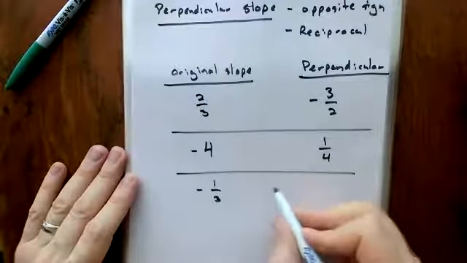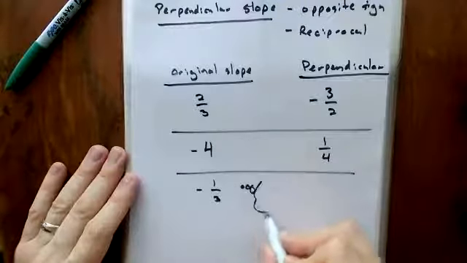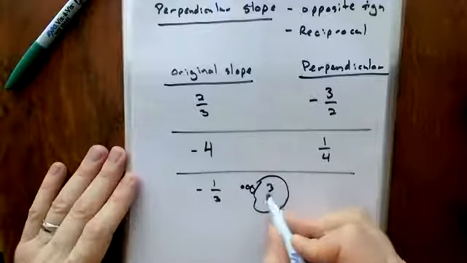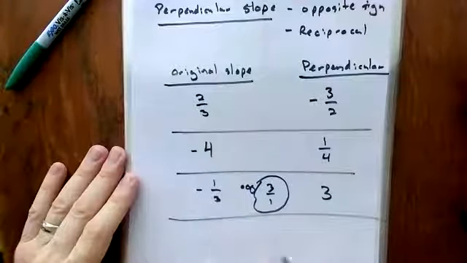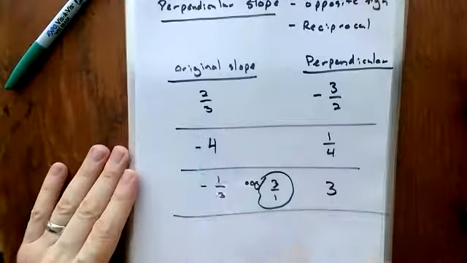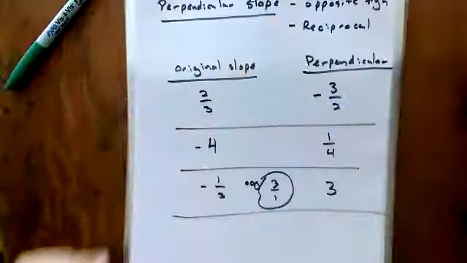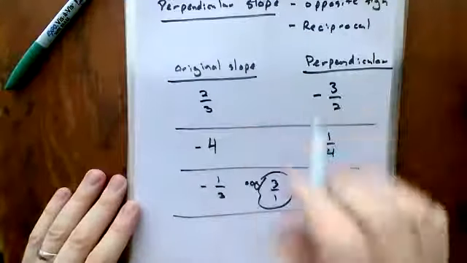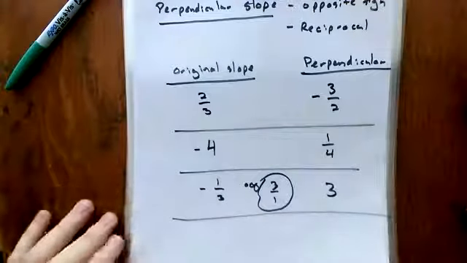And when I flip that, 3/1 is just 3. So we're always changing the sign, and we're just taking whatever fraction and flipping it. A perpendicular slope always has the opposite sign and is the reciprocal.